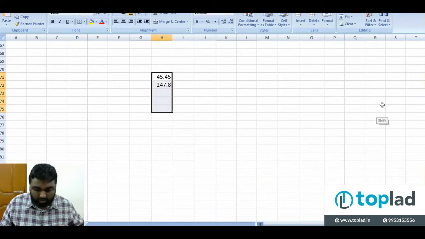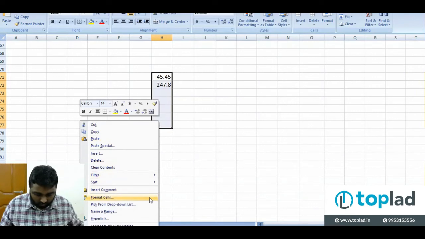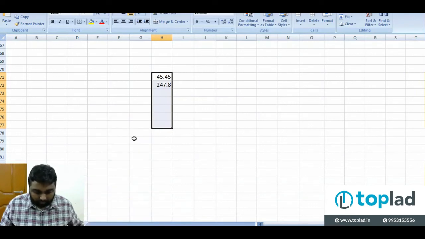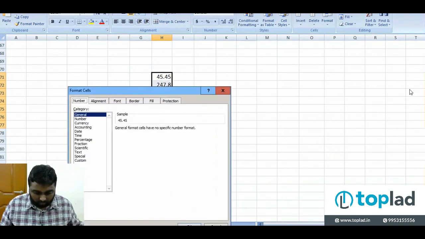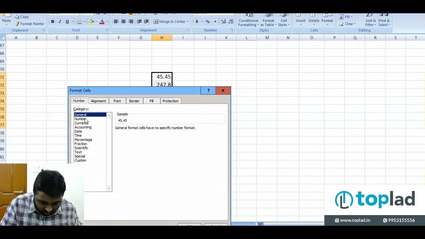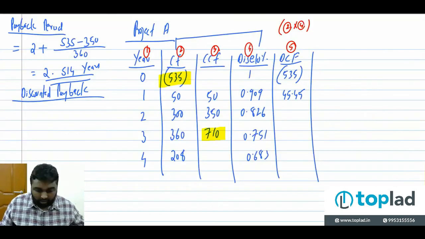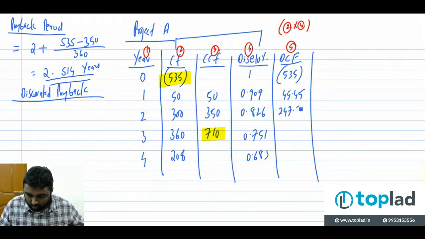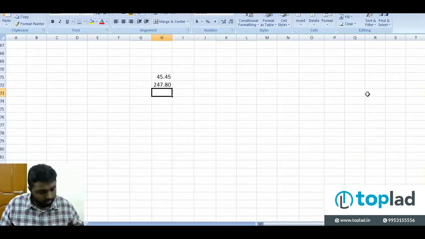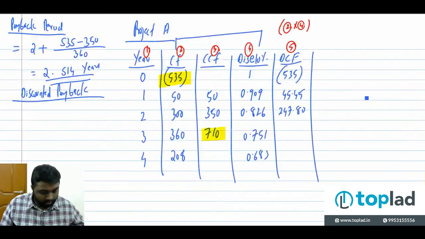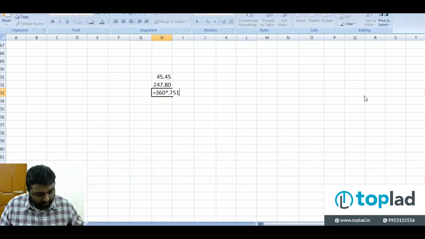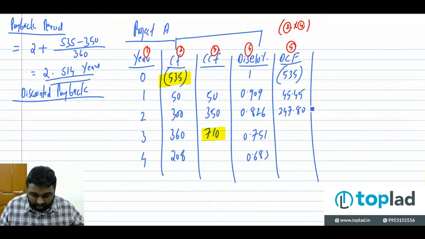We will make 2 decimal points everywhere, so 247.80. 360 into 0.751 is 270.36.